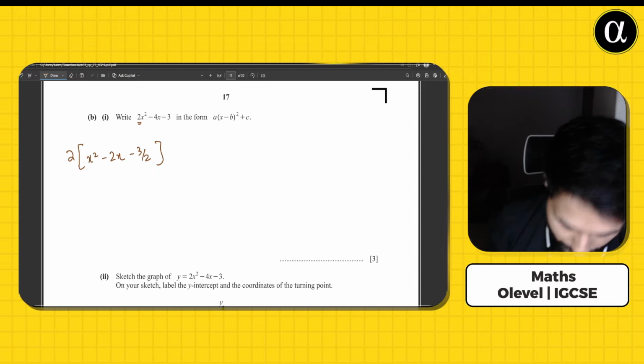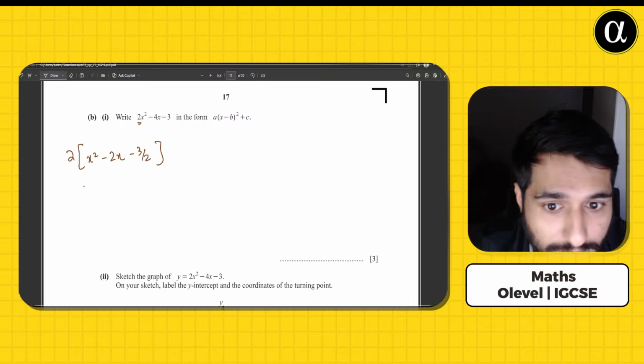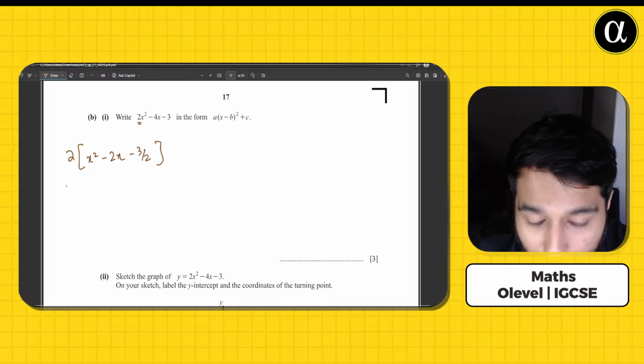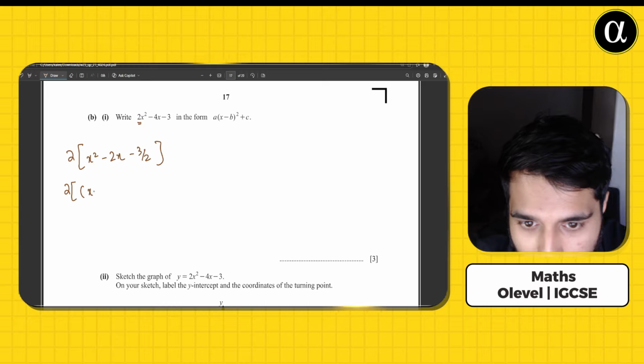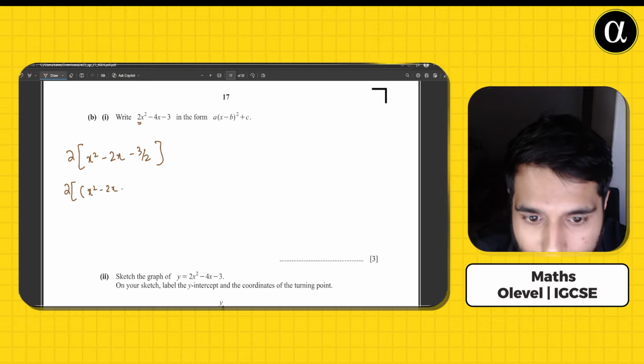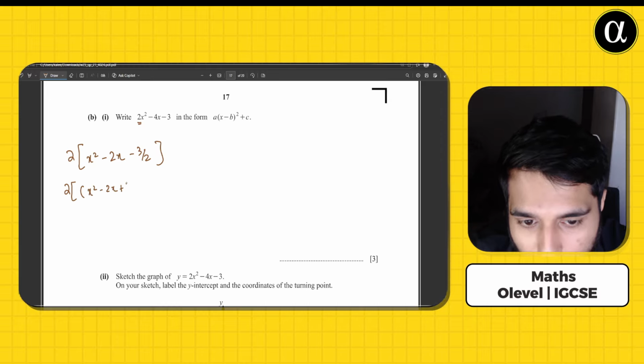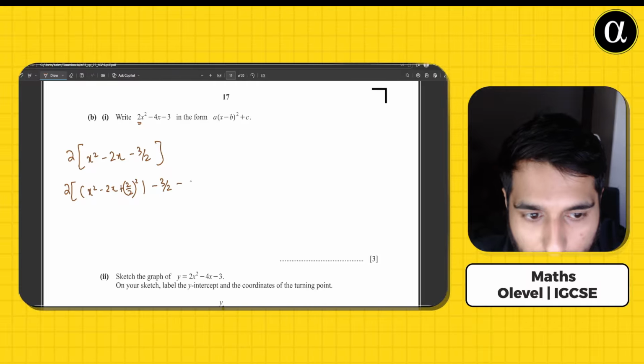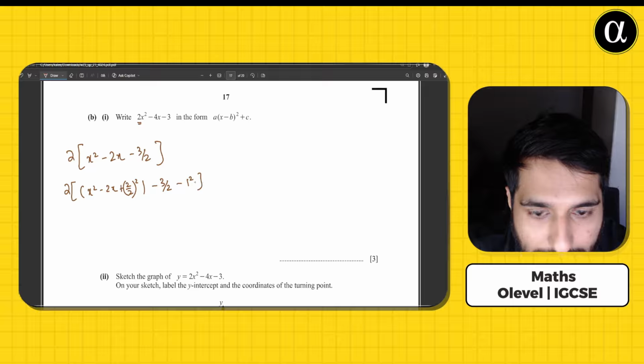So what I'm going to do is further apply the solution of completing the square with 2, and then we apply small brackets, x squared minus 2x, and then it's going to be plus 2 over 2 squared, and the same thing will happen outside the small bracket. It's going to be 3 over 2 minus 2 over 2 gives us 1 squared, and that's how you do it.